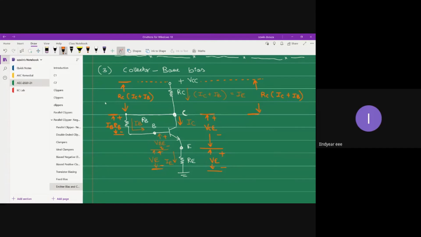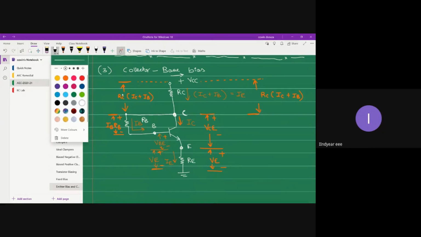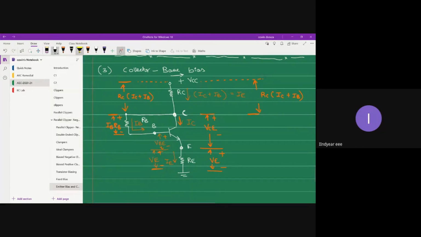All right. So I will first mark the input loop as well as the output loop. You know that the input loop is the base emitter loop. Anything that lies on the left hand side is your input loop, and anything that lies on the right hand side is your output loop. So for the input loop, I will just mark the region.